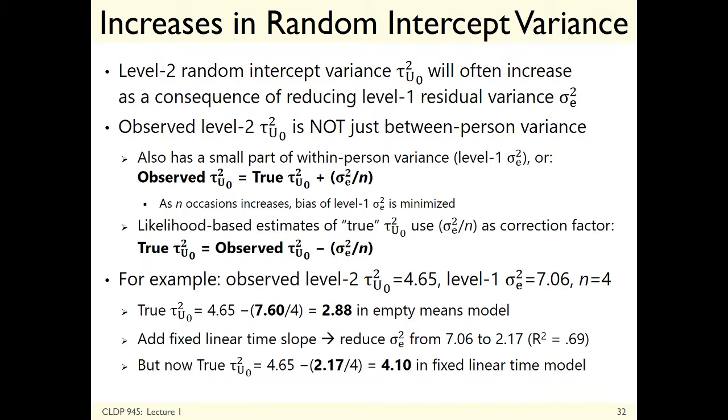If I then explain, these numbers are from chapter 5 in the book, about 70% of the residual, I drop that level 1 residual variance from 7 down to 2. The correction factor is also reduced, and so it makes it look like now there's more intercept variance than there was before.